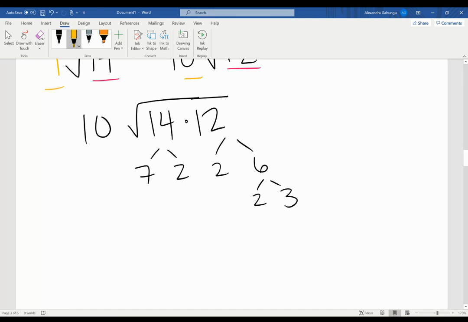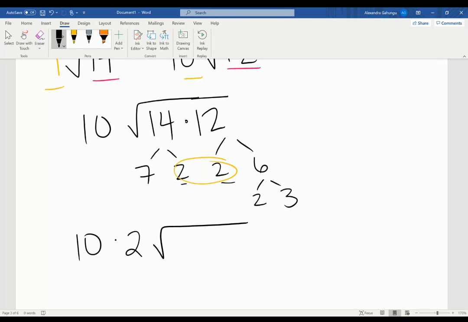So I look for numbers that have a buddy. So 2 has a buddy, so it can leave the house. Is there another pair that can leave the house? It looks like no. So on the outside, we've got the 10, and now the 2 that can leave the house. And then on the inside, we've got 7, 2, and 3.